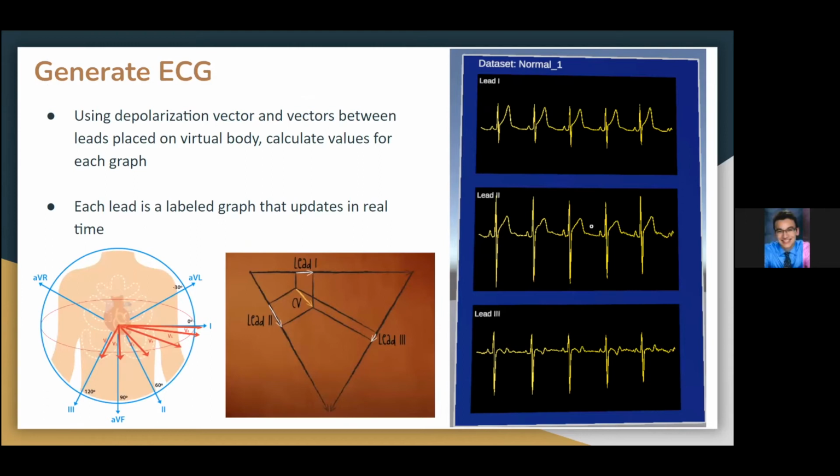In that middle picture, the triangle, the lead is actually the vector formed between 2 of the stickies, and then you're projecting the depolarization vector onto that lead. On the right, this is one example of plots we've made, where we have 3 different leads, lead 1, lead 2, lead 3, and our depolarization vector is actively projecting onto the leads formed between the stickies that the user has placed onto the body.